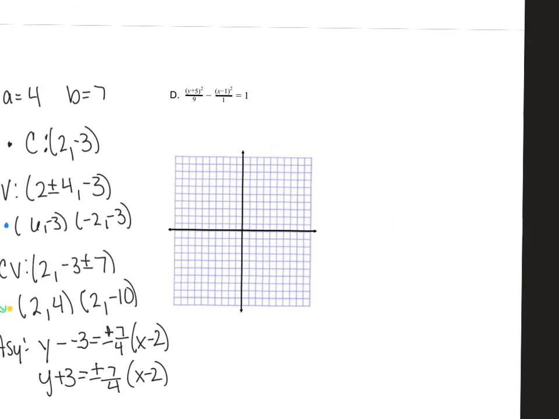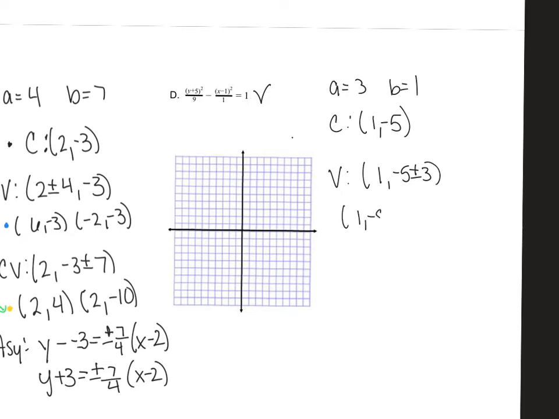Alright, for the next one, we know that this one is definitely going to be vertical because the y comes first. Be careful with your center. Your h always goes with your x value, your k with your y value. So my vertex here is going to be h comma k plus or minus a. My a is 3, my b is 1. So that's going to be 1 comma negative 8 and 1 comma negative 2.